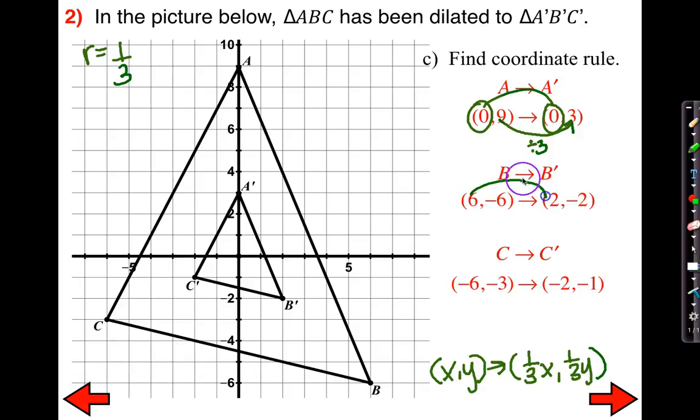How does 6 become 2? Divide by 3. How does -6 become -2? Divide by 3. How does -3 become -1? Divide by 3. So that's another way of doing it, and understanding that dividing by 3 is the same thing as multiplying by 1/3. So whatever method you feel more comfortable with, you choose.